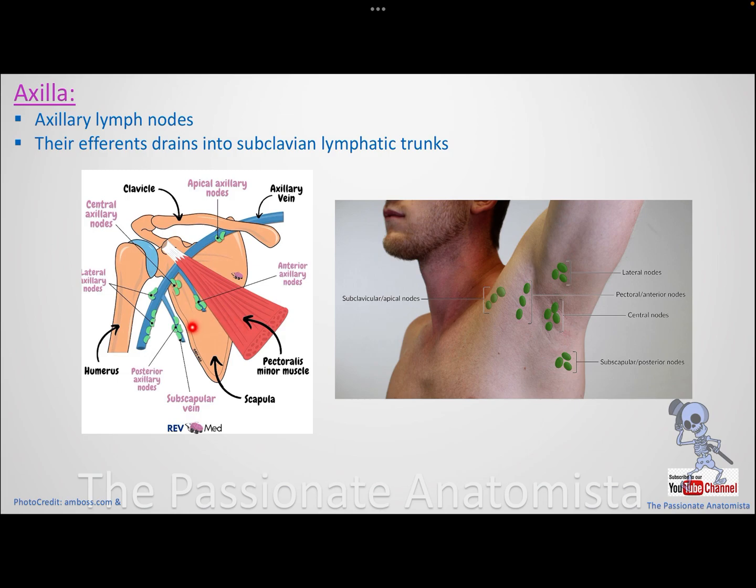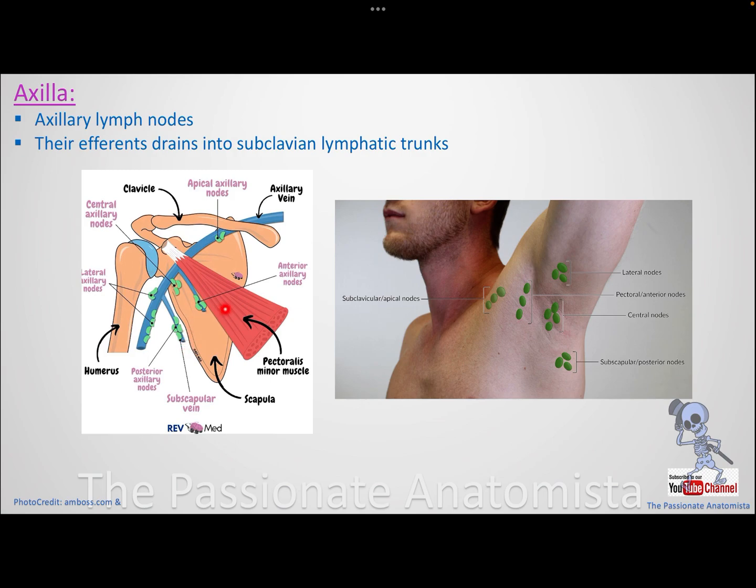So the anterior axillary lymph nodes run at the lower border of pec minor. Now, what about the posterior? It's in the posterior wall. What did we say about the posterior wall? We said it's the scapular region, subscapular region. So the posterior axillary lymph nodes run around the subscapular vein at the lower border of the subscapularis muscle. The anterior run at the lower border of pec minor with the lateral thoracic vein, because the lateral thoracic runs here. And the posterior axillary lymph nodes run on the posterior wall, which is related to the scapula, so it makes sense that they run around the subscapular vein at the lower border of subscapularis.